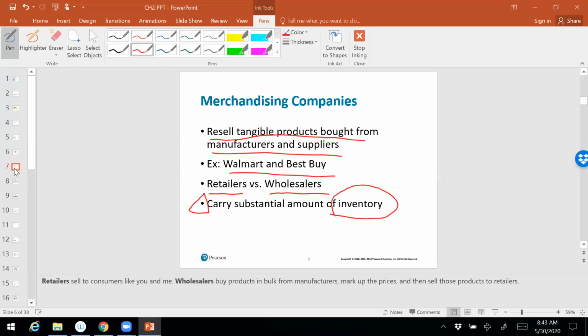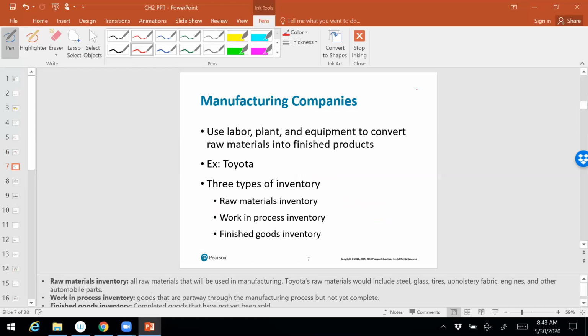And then the last part is our manufacturing company. Your textbook uses Toyota as the example. I think it's really a good example. So they use labor, plant, equipment to convert raw material into finished products, right? They don't really sell directly to the customer.